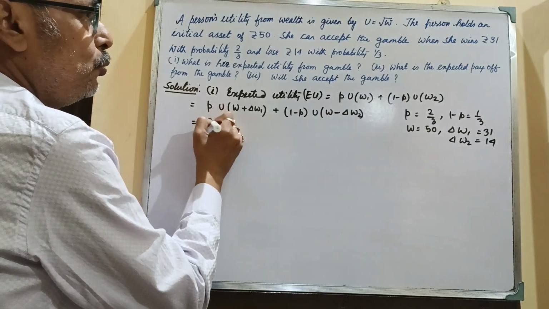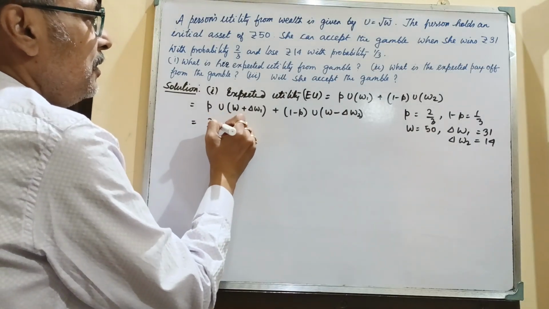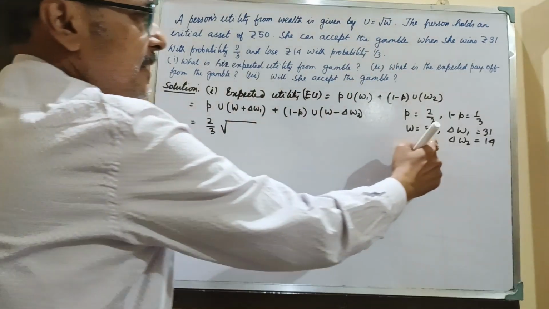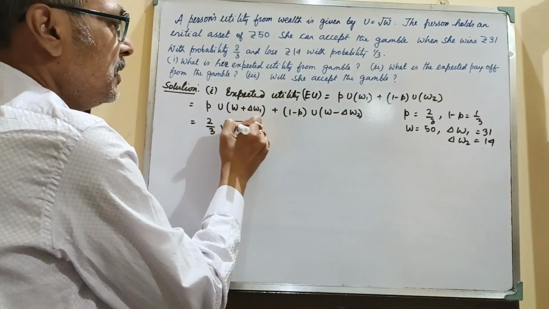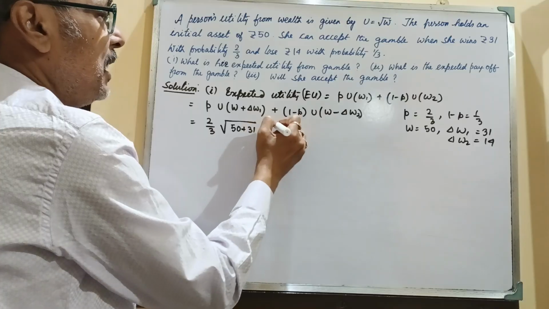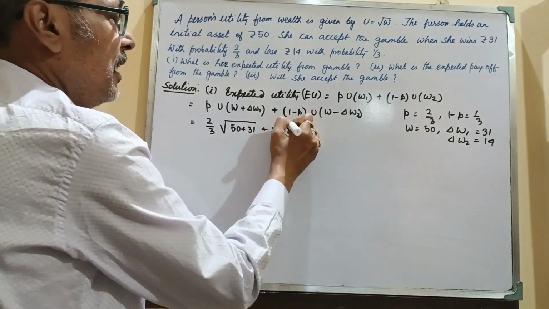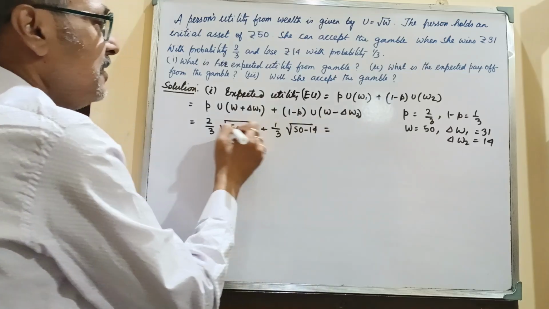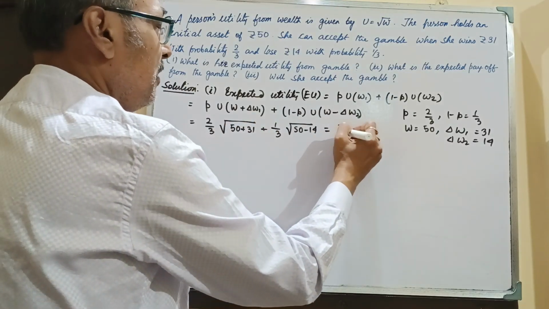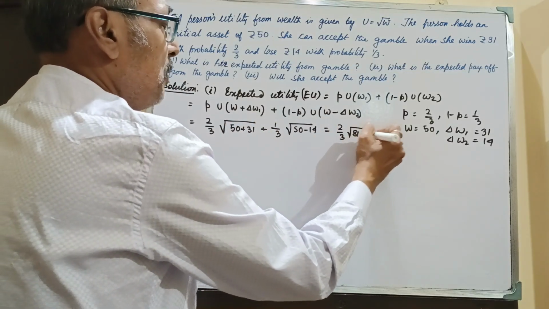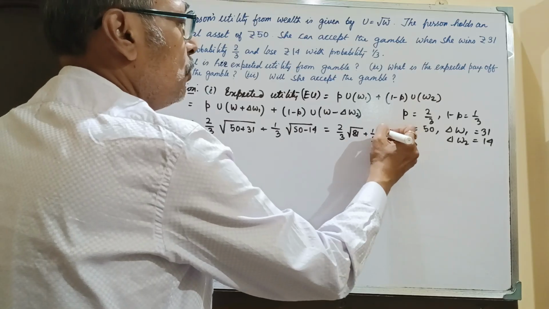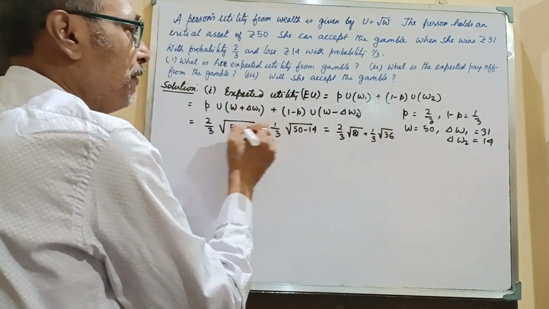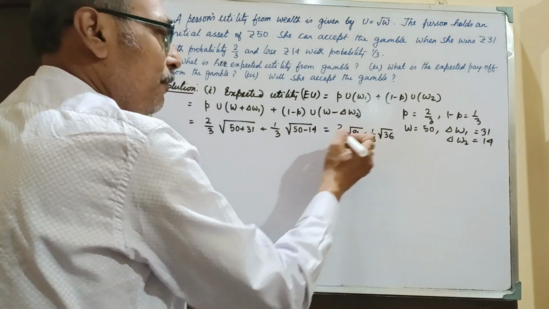This is 2 by 3 under root of 50 plus 31, plus 1 by 3 under root of 50 minus 14. This is 2 by 3 under root 81 plus 1 by 3 under root 36. 50 minus 14 is 36, and 50 plus 31 is 81.